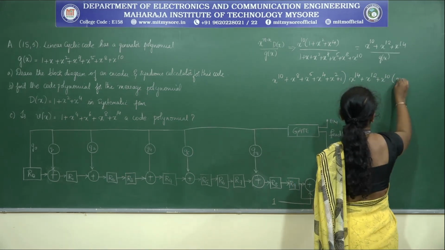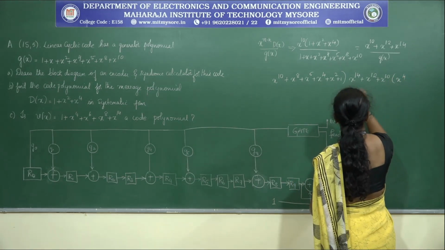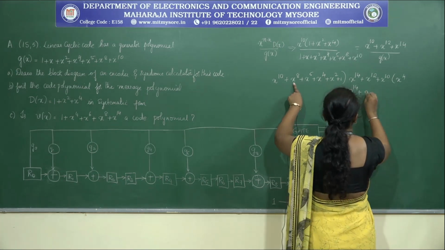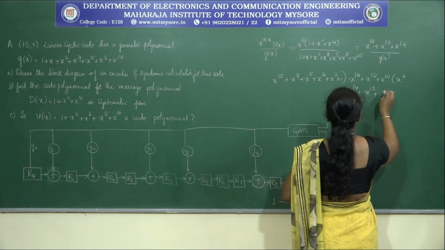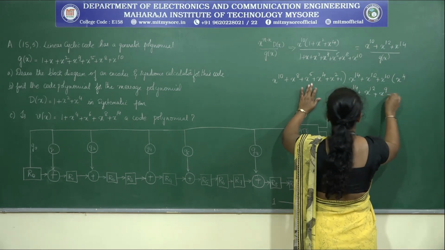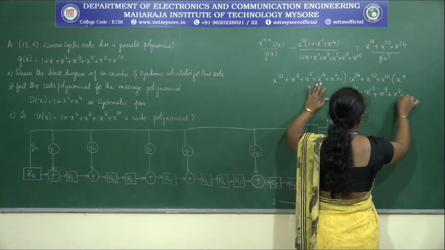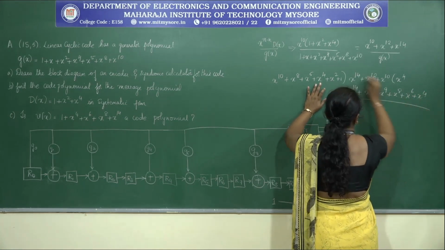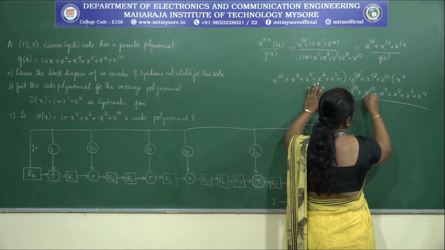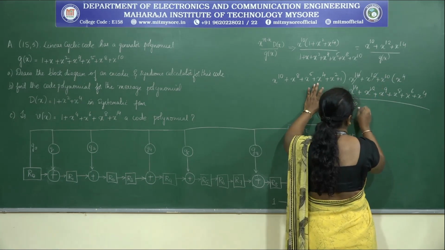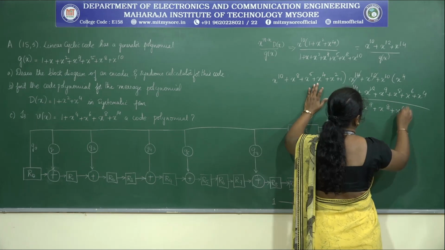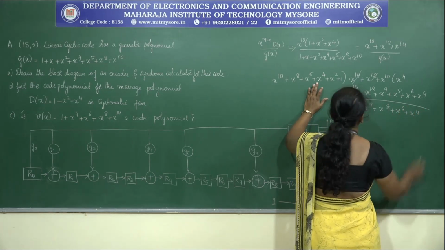So if you divide 14, 12, 9, 8, 6 plus x to the power of 4, we have x power 10, 9, 8, 6 and 4.